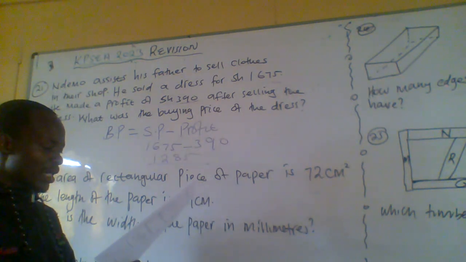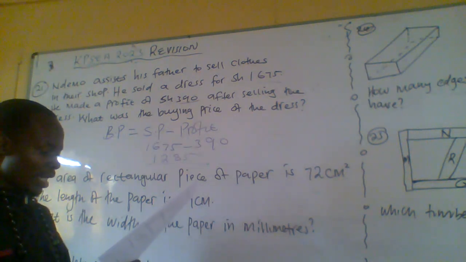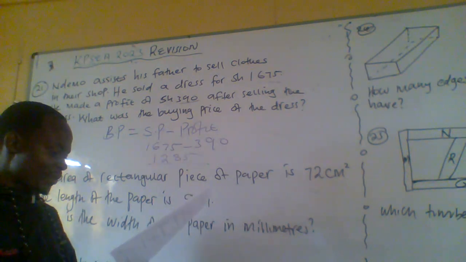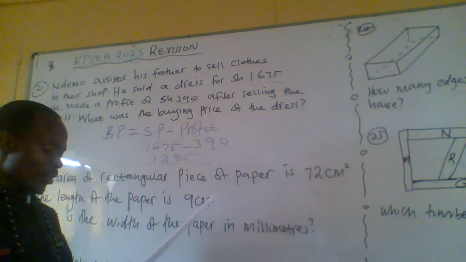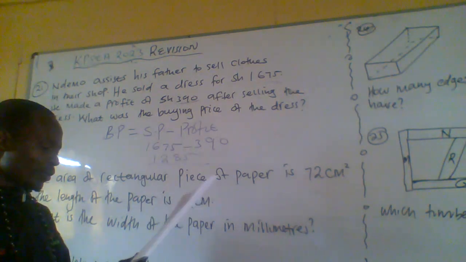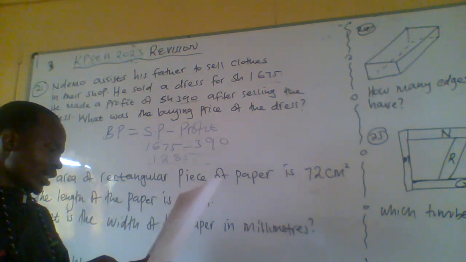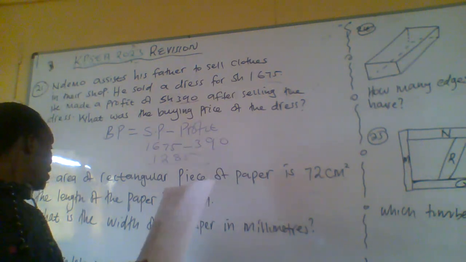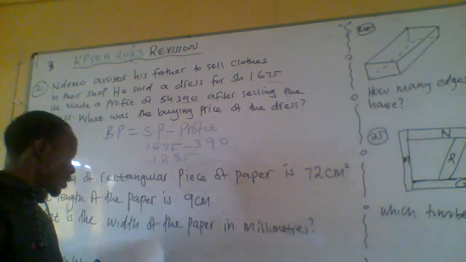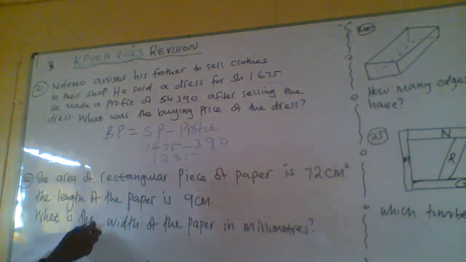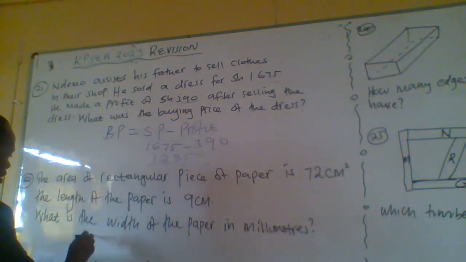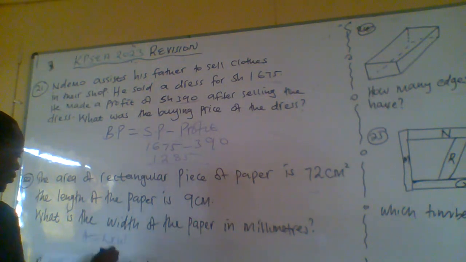Question 22: the area of a rectangular piece of paper is 72 square centimeters. The length of the paper is 9 centimeters. What is the width of the paper in millimeters? First we need to find the width. Area is equal to length multiplied by width.